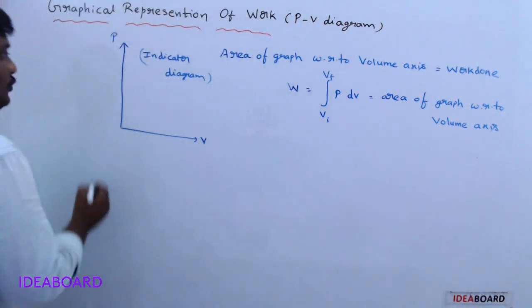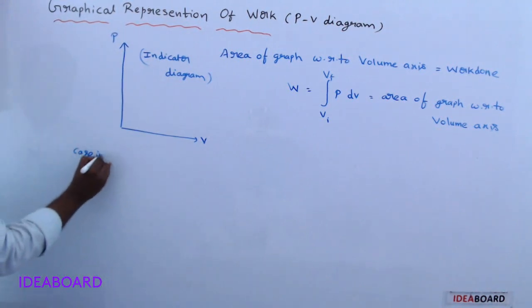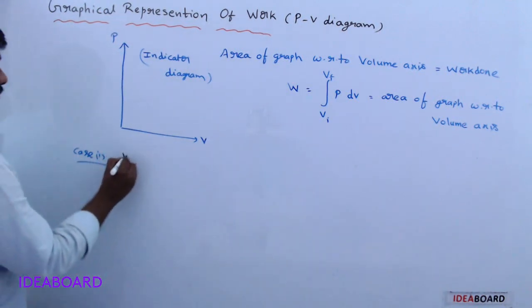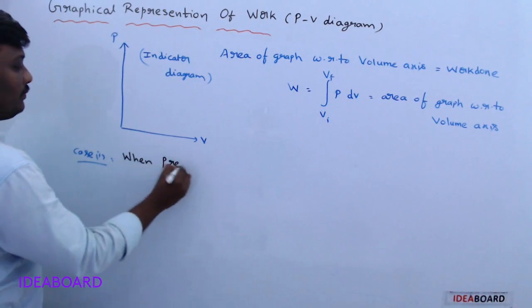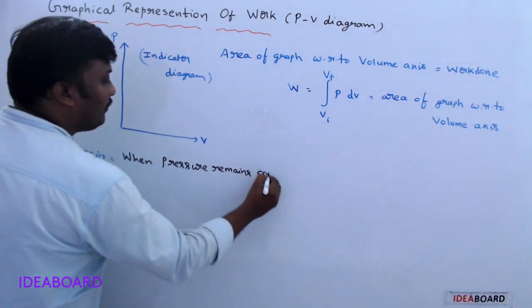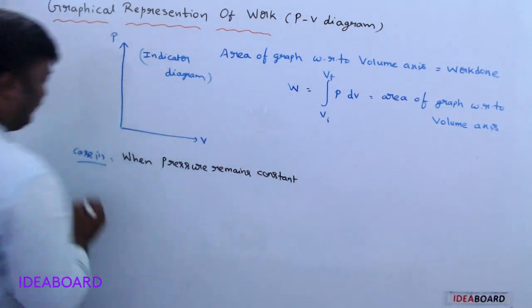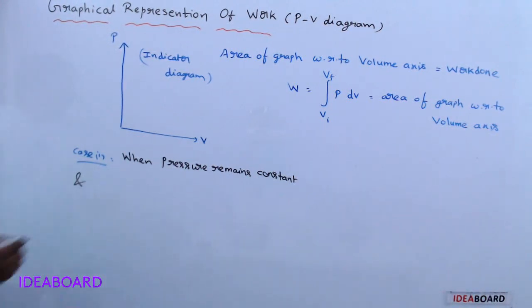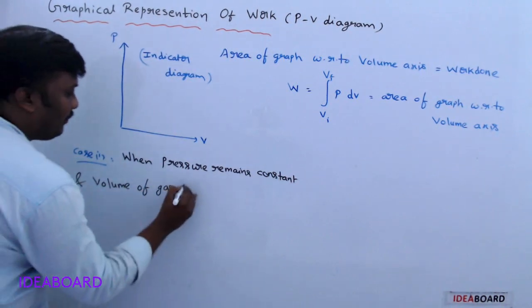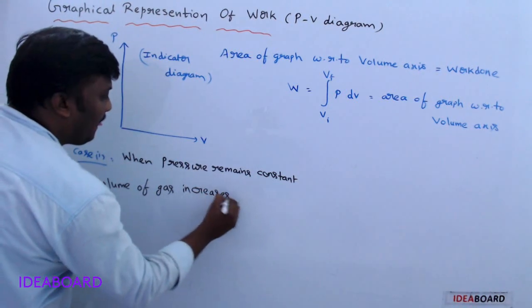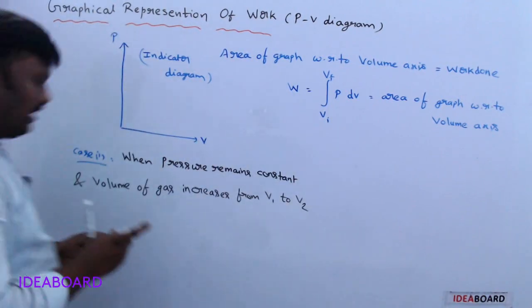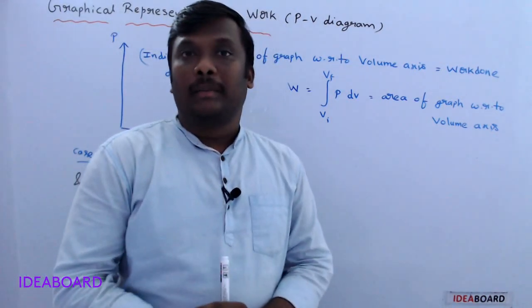Let us see case 1. When pressure remains constant and the volume of gas increases from V1 to V2, he asks what is the work done by the gas.